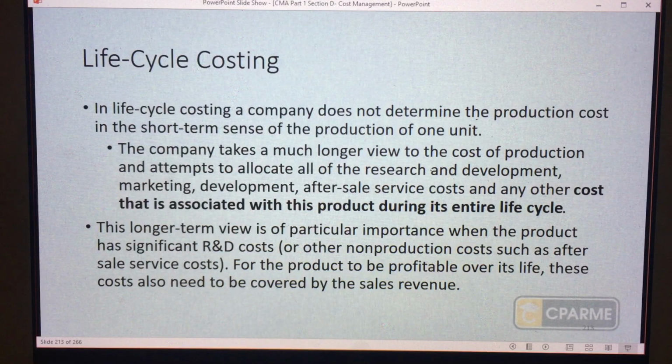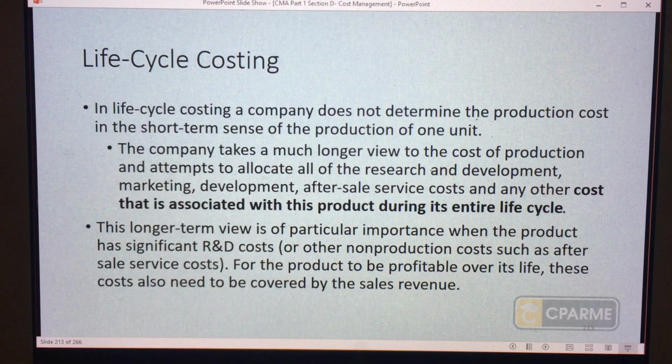So hindi lang siya accounting value. At least we're talking about the economic value to that item. And so the longer-term view is of particular importance when the product has significant R&D costs and other non-production costs such as after-sales service costs. Kasi normally, hindi siya included doon sa ating per unit or per item, or parang in-expense na lang siya kasi parang we cannot do away with this.